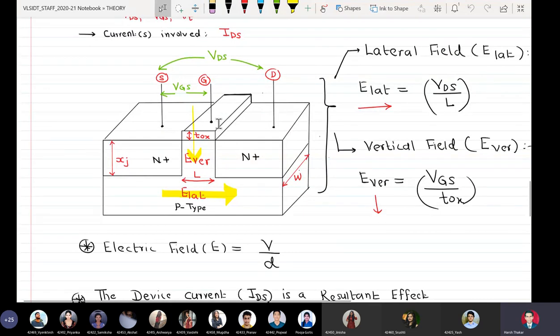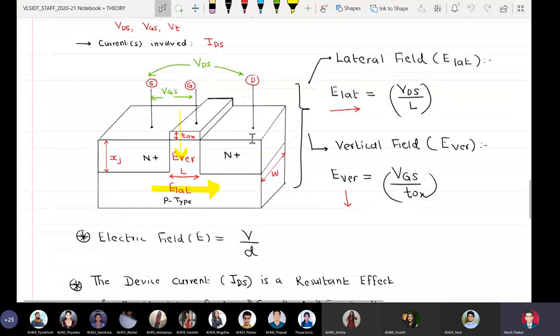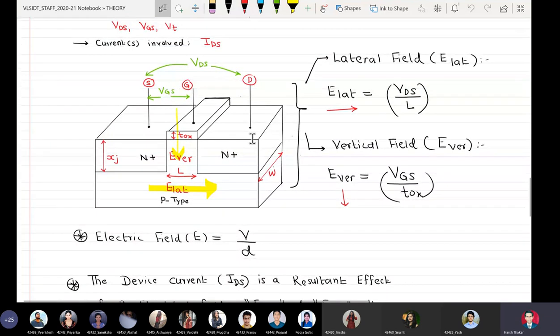This relativity defines two kinds of MOSFETs, that is long channel MOSFETs and short channel MOSFETs. And we defined, based on this 3D planar structure of the MOSFET, that the lateral field ELAT is defined as the drain to source voltage upon the channel length, that is VDS upon L, while the vertical electric field EVER is defined as gate to source voltage upon Tox.